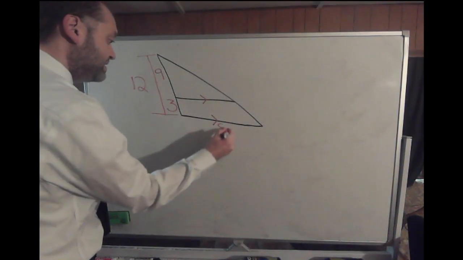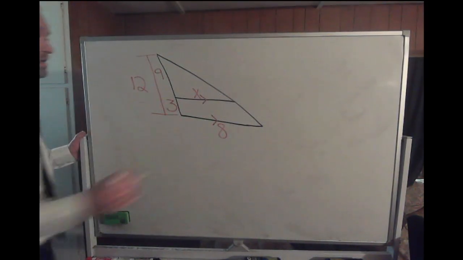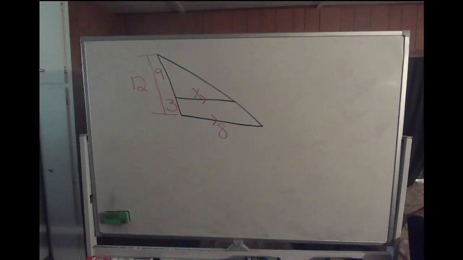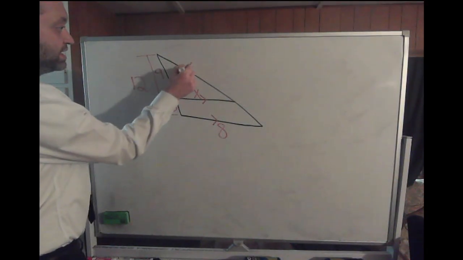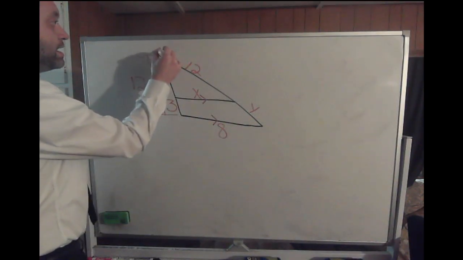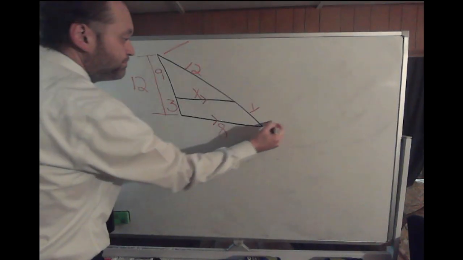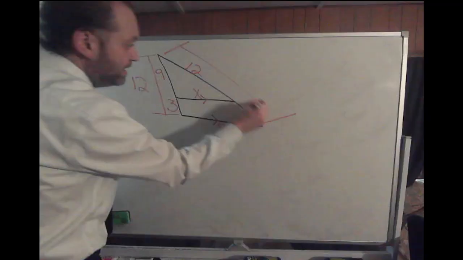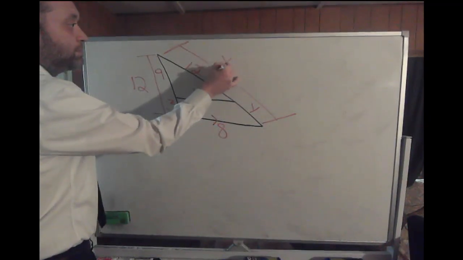This is 8. This is x. This here has a length of 12. This here has a length of y. Then together, this whole segment here has a length of y plus 12.